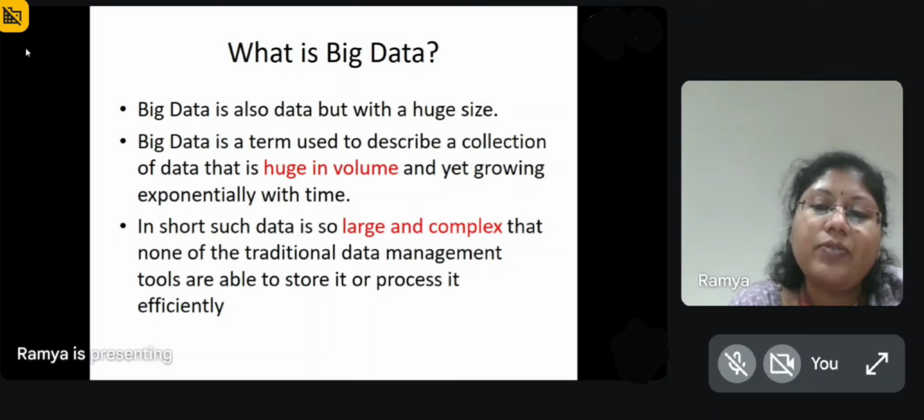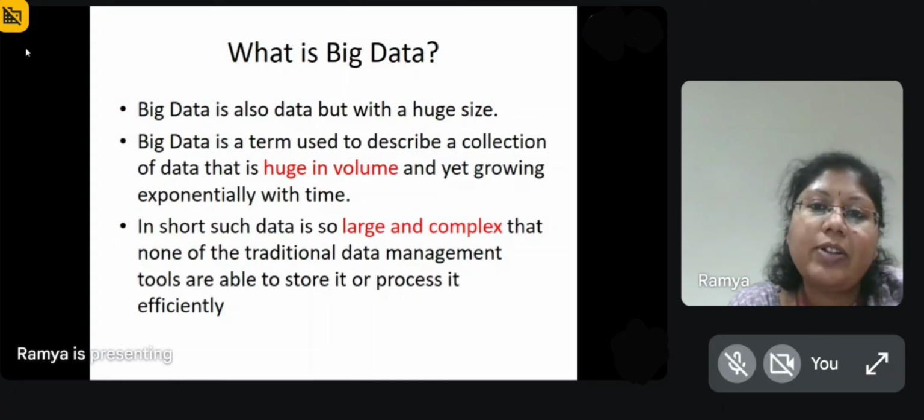But the information that we get, I cannot use every time. So I need information which is meaningful. When I extract the meaningful information, that meaningful information is called knowledge.